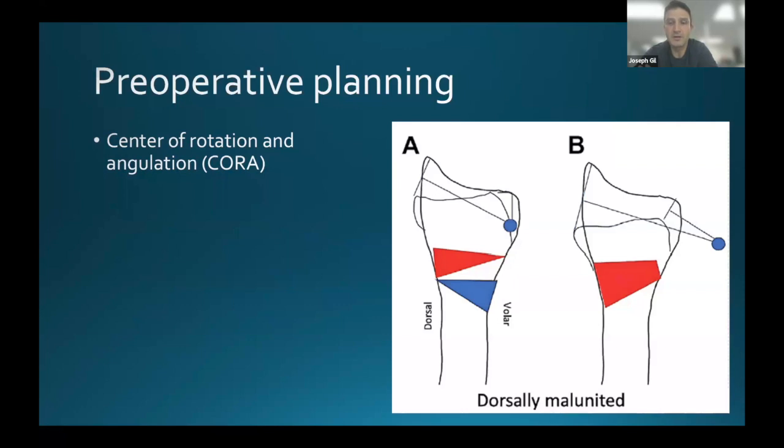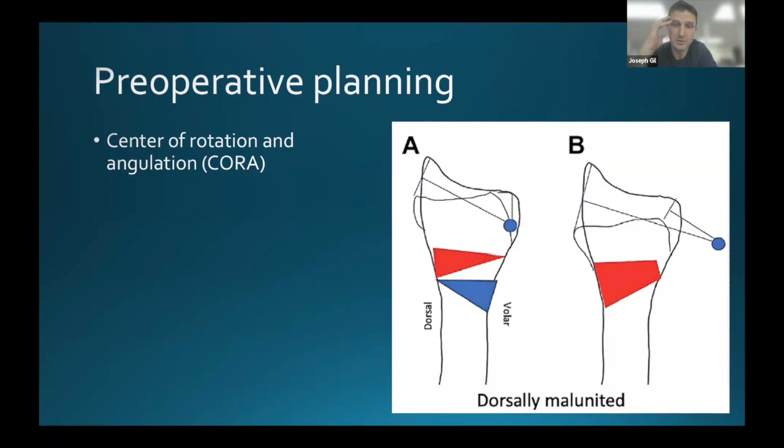In A, dorsal is to the left, volar to the right. This is templated off of the contralateral wrist X-ray. Here in A, you see the normal contralateral wrist at the correct position, and then the malunion overlapping it.